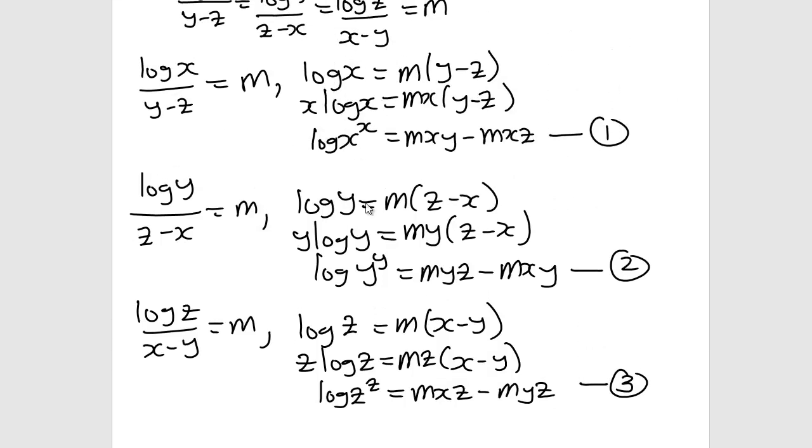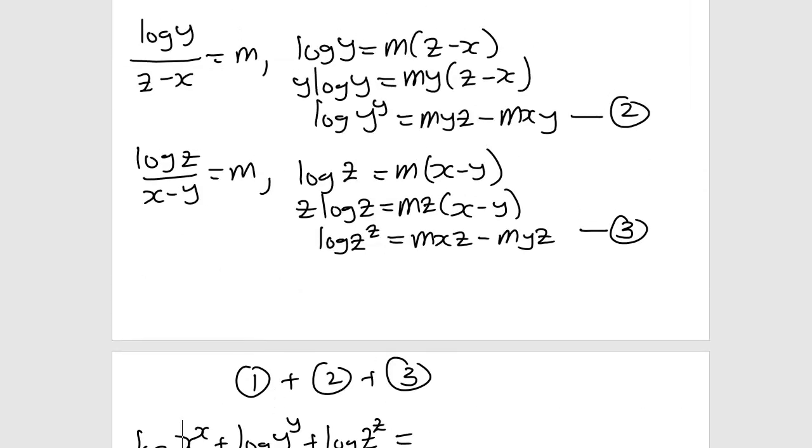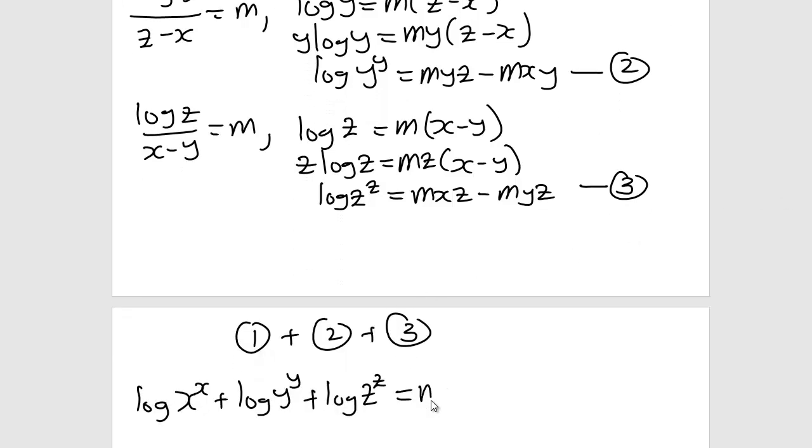With the left hand side, we have log of x to the power x plus log of y to the power y plus log of z to the power z is equal to, then we add the right hand side also. With the right hand side, we have mxy minus mxz.